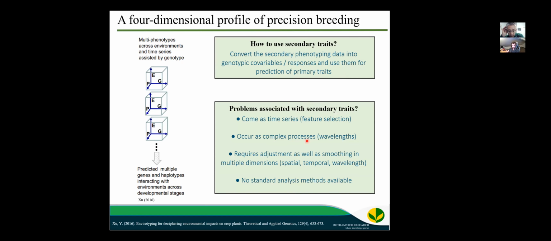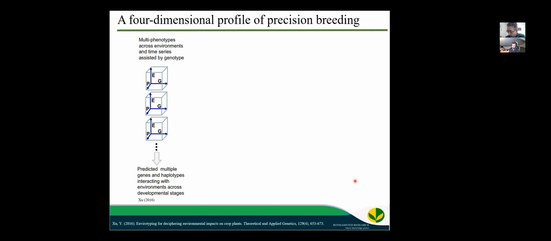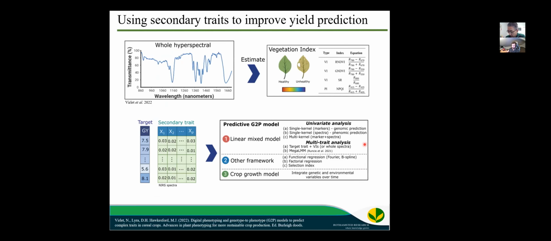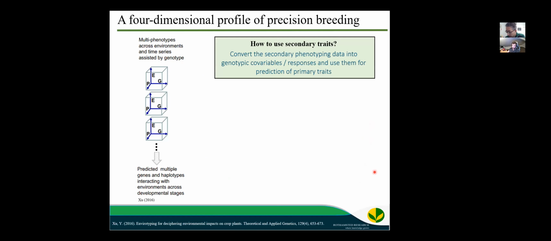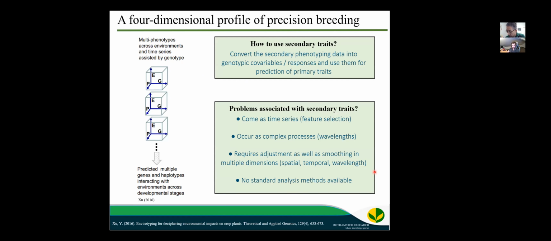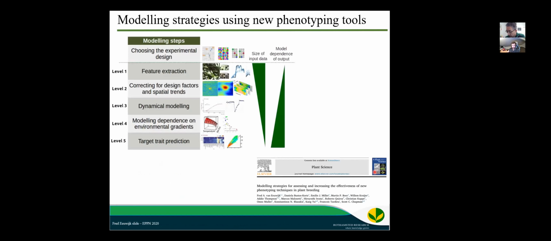Again, it's a complex process. It's not easy to interpret what's going on inside it. It requires adjustment and smoothing of these multiple dimensions. And there's no standard analysis. As I said here, you can use as many different approaches as you like, and there's no real best in common sense.